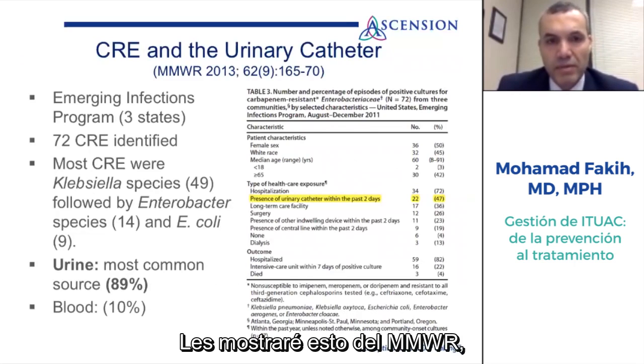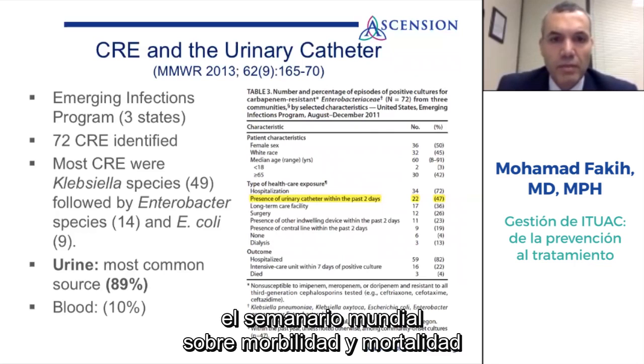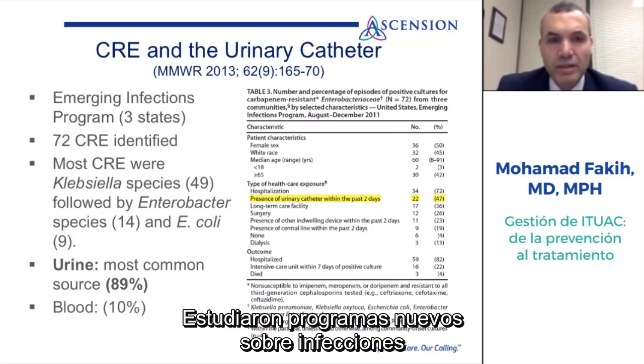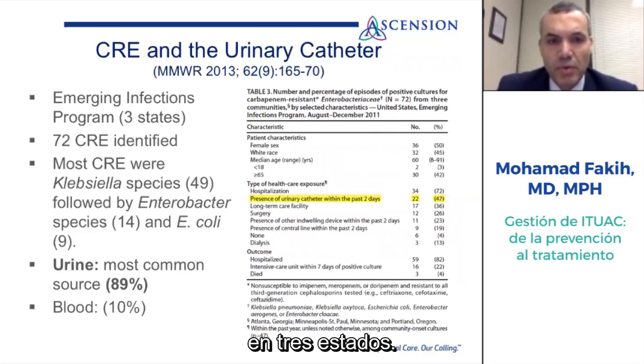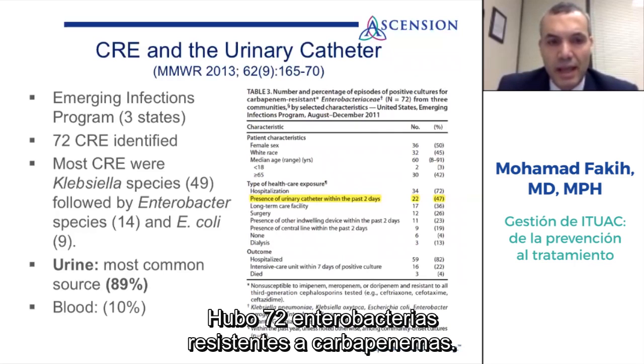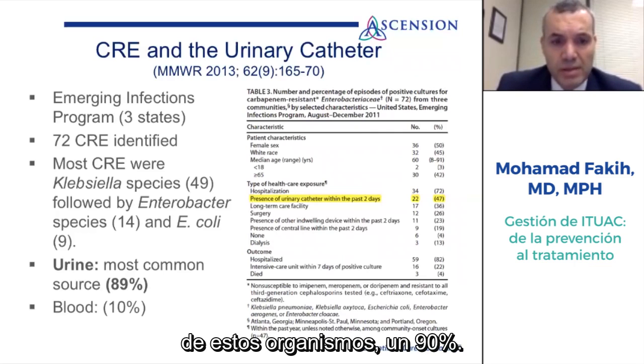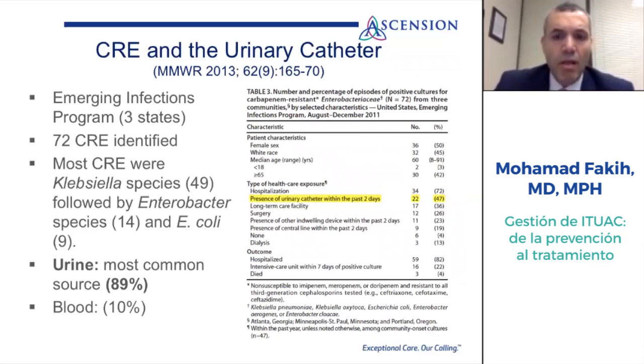Now I'm going to share with you this from the MMWR, Morbidity and Mortality Weekly Report, in 2013, where they looked at the emerging infections program in 3 states. They had 72 carbapenem-resistant Enterobacteriaceae, and they found that urine was the most common source for these organisms, about 90%.